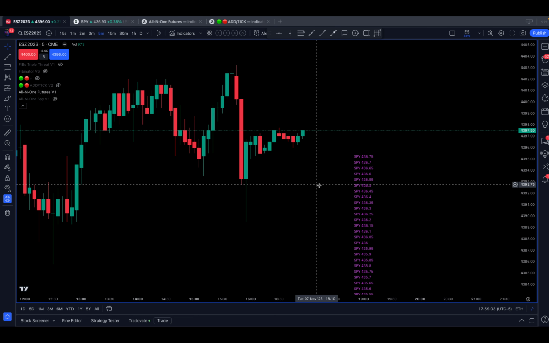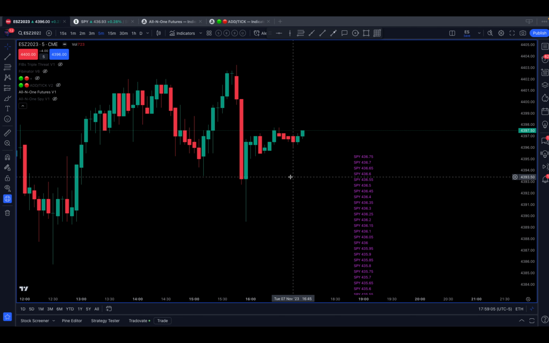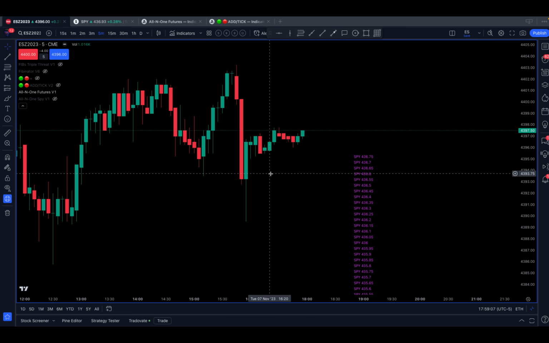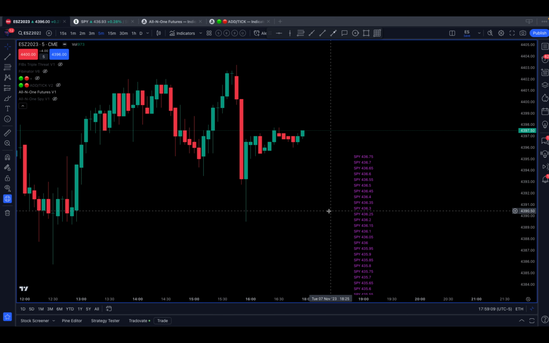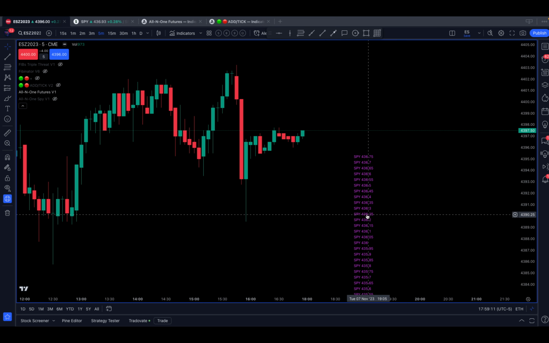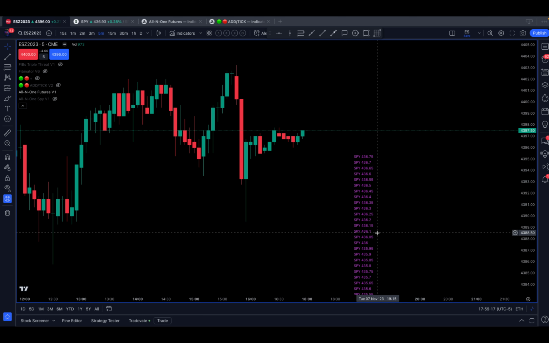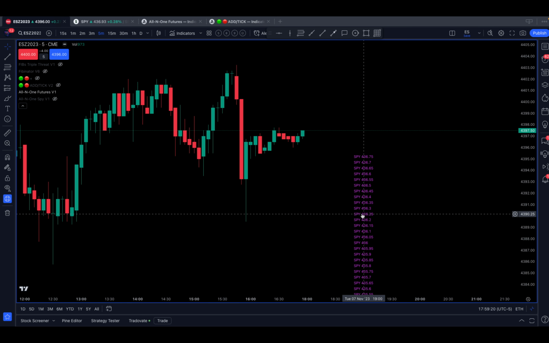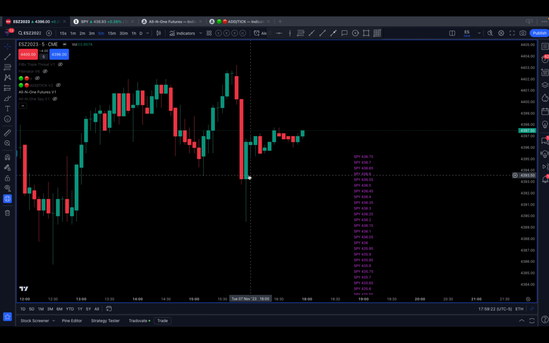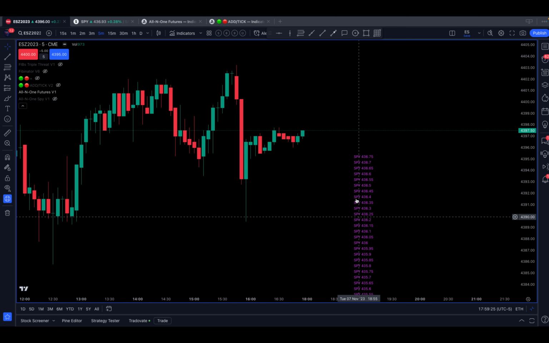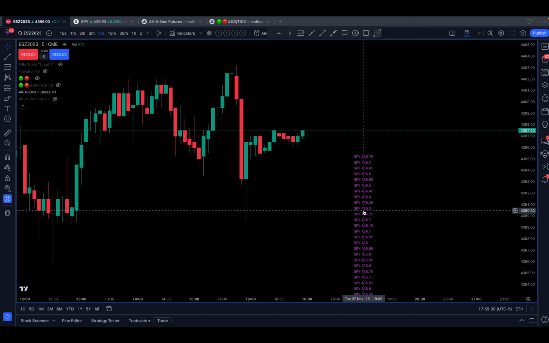For example, if Jimmy's looking for this to drop, and his target might be 436.25, I can see on the ES chart where 436.25 is. So if he's expecting it to push down, I can play off of that using the SPY numbers here. So that's what this is for.